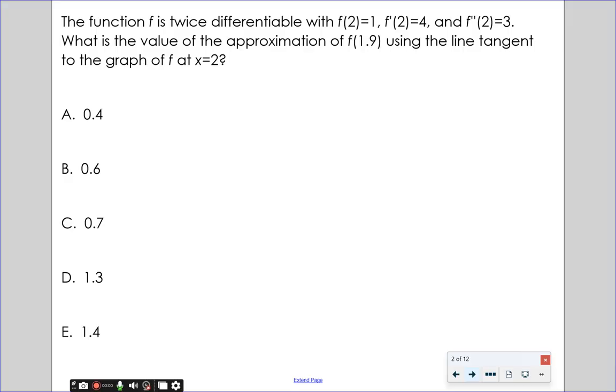So I know I need to make an equation of a tangent line. Let's see, y minus 1 equals 4 times x minus 2. So I use the point, and I use the slope of the first derivative at x equals 2. And we're plugging in 1.9.